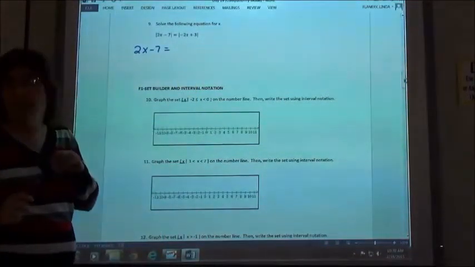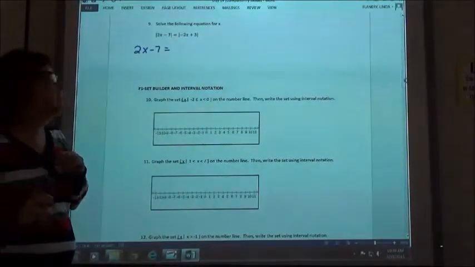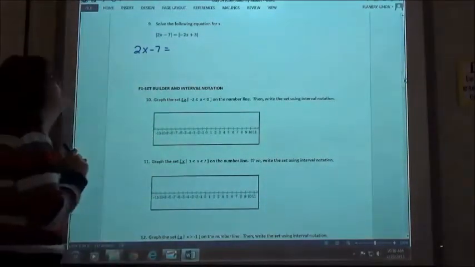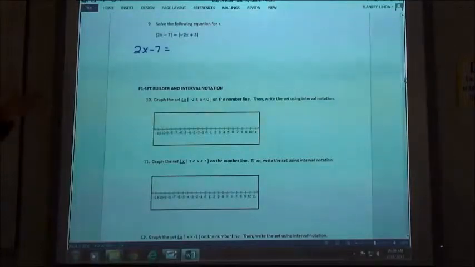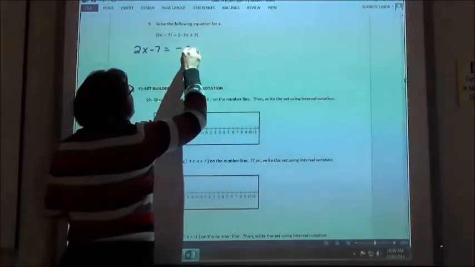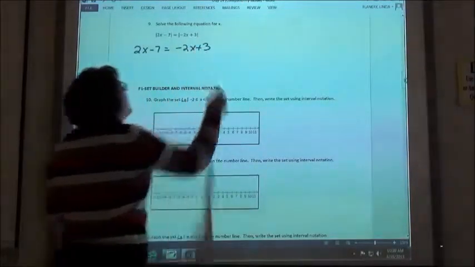And what was that second part of that? Minus 3. No. So 2x minus 7 is going to equal, this should be the exact same thing, right? I would read the whole thing. So negative 2x plus 3, right?